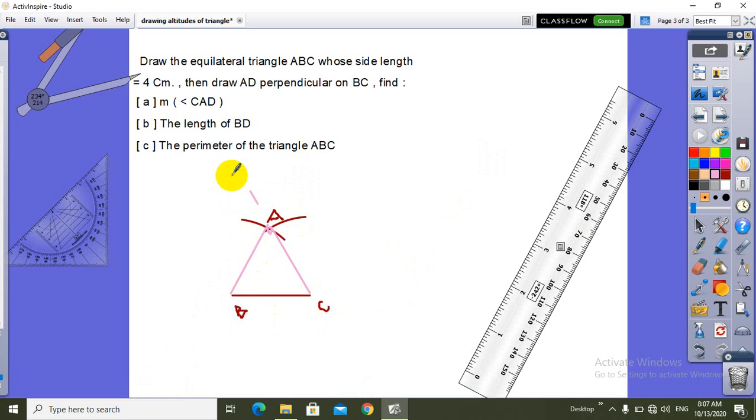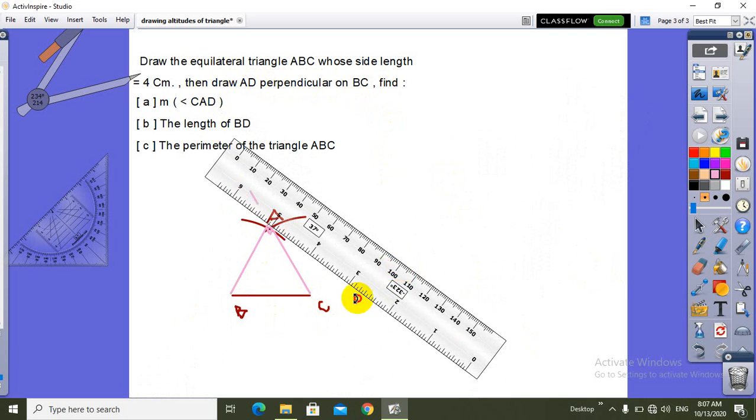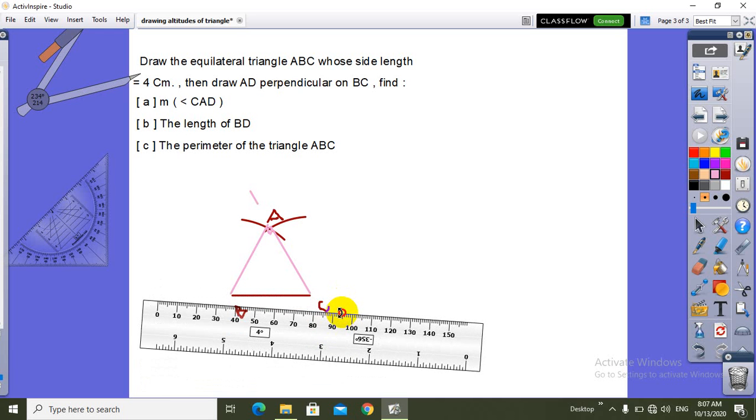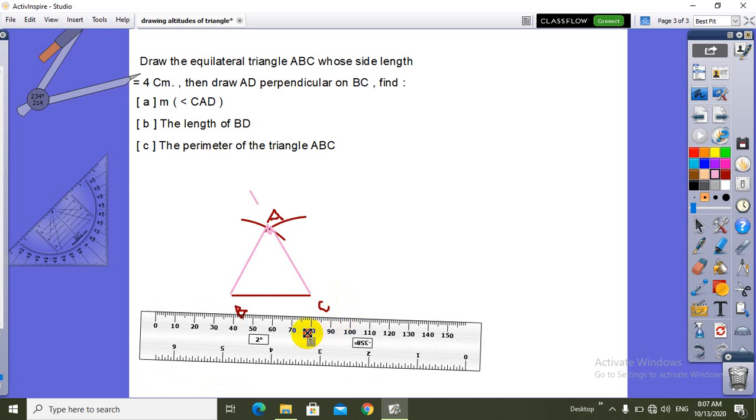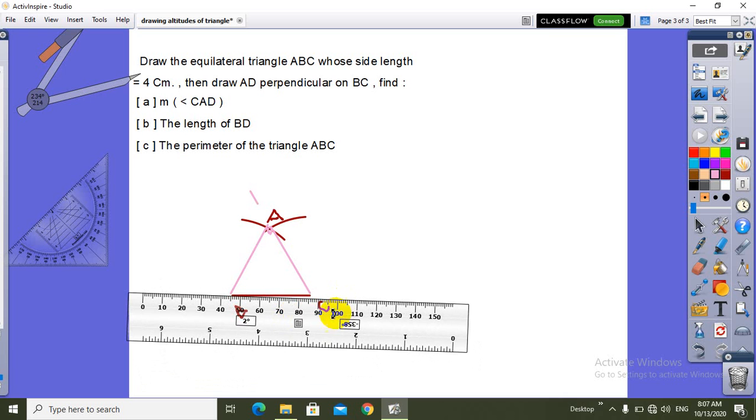I want to draw the altitudes of it. Draw AD perpendicular on BC. Put this ruler on BC. That's not right.